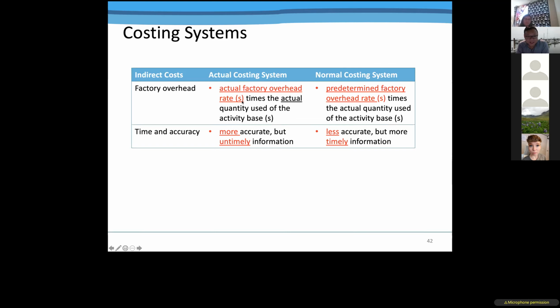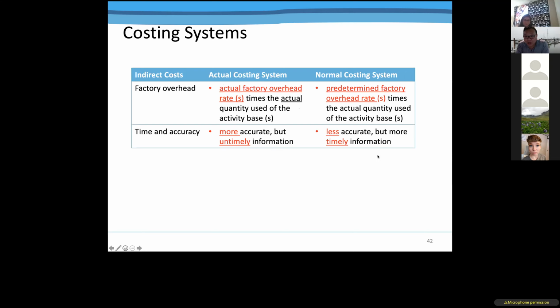Well, you could under the actual costing system, but the problem is it's untimely. It's more accurate because you use the actual number, not the estimated number, but it's untimely. You have to wait until you know all these actual numbers.